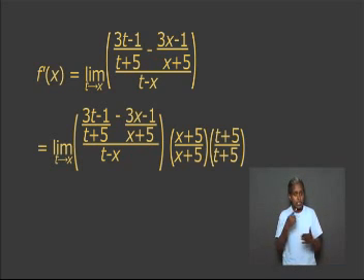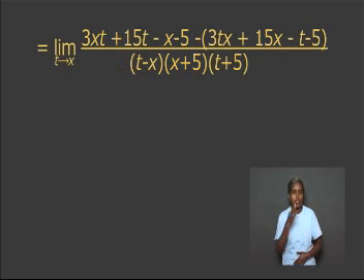The resulting expression is f prime of x equals the limit of (3xt plus 15t minus x minus 5 minus 3tx plus 15x minus t minus 5) over (t minus x) times (x plus 5) times (t plus 5) as t approaches x.